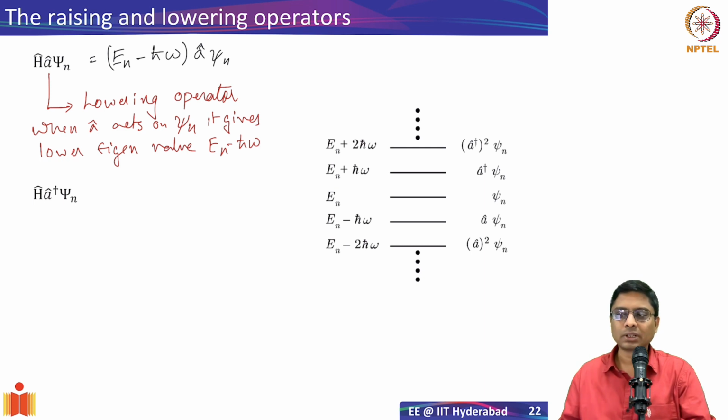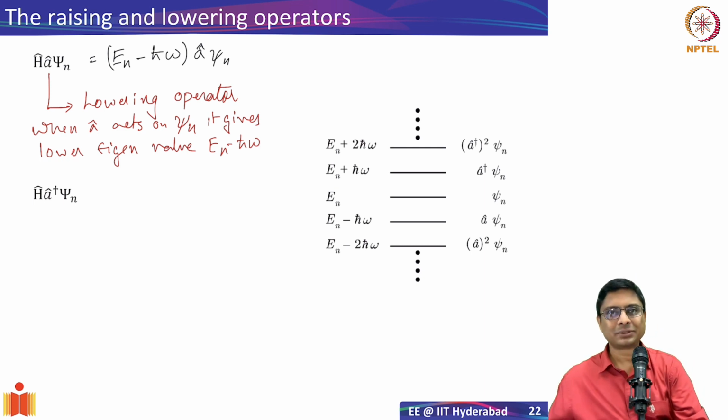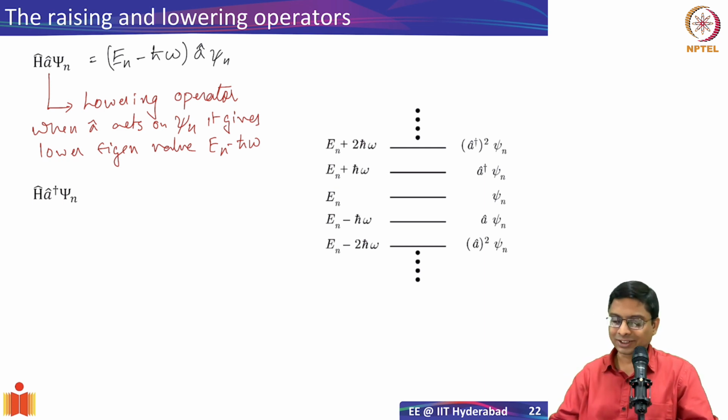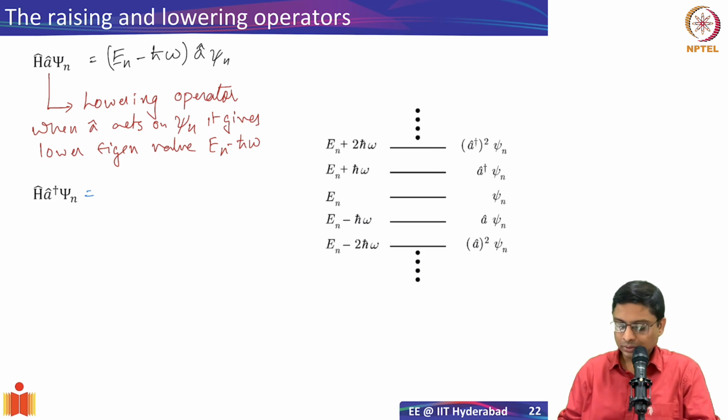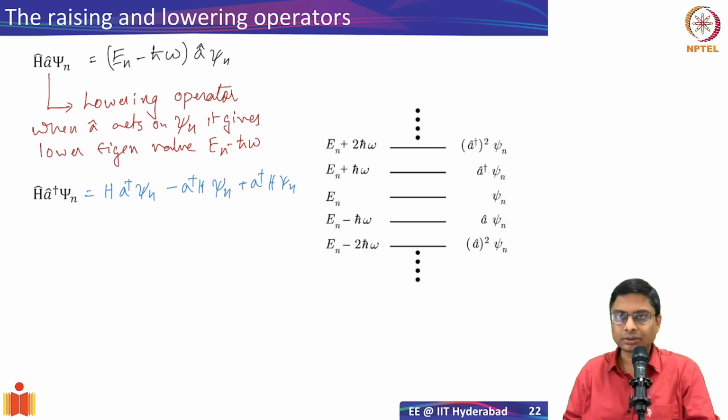Now we have one more operator. For obvious reasons, you will see that it turns out to be the raising operator. So how will we see that? If I think of H A dagger acting on psi n, I can simply add and subtract: H A dagger psi n minus A dagger H psi n plus A dagger H psi n.